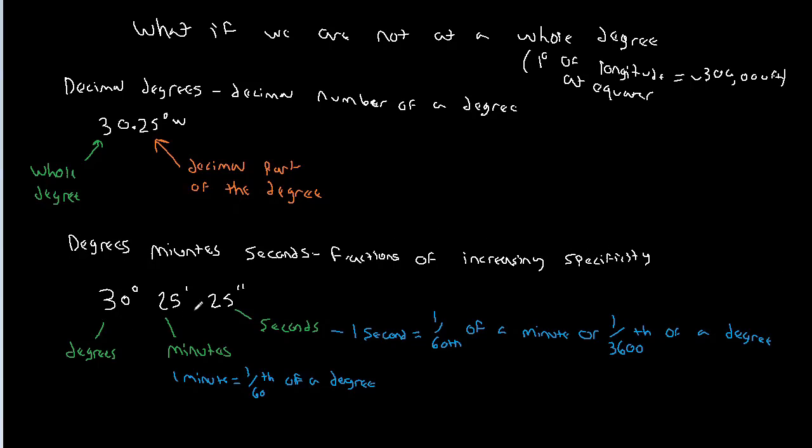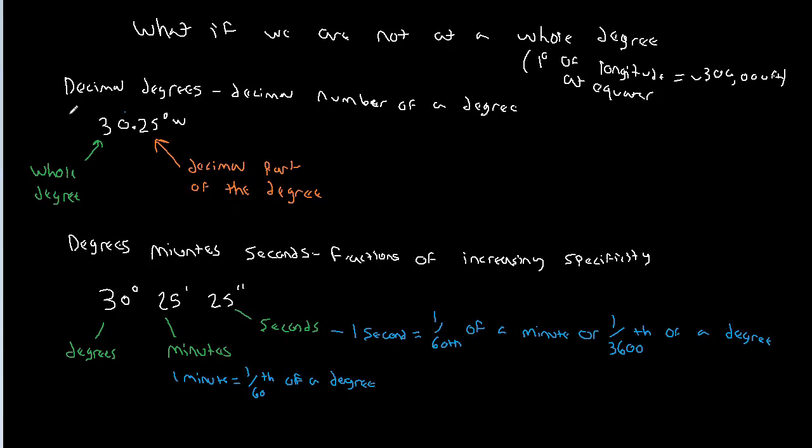Okay? So this sort of fractional based approach is one way. The decimal based approach is another. Most often, a lot of computer programs use the decimal approach because it's easier to run computations than it is to do the math. And so oftentimes you'll end up seeing something displayed this way, but internally it is being handled this way, and understanding how to convert between the two is going to be important.